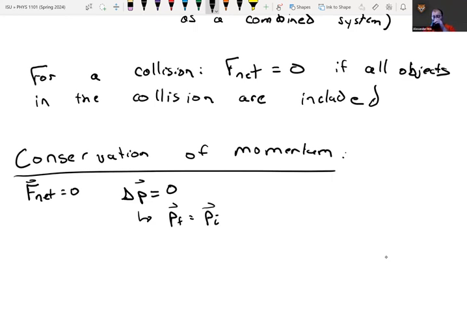Okay, so this problem will be similar to one that's on the homework. This first one I want to look at, just to give you a sense of what I mean.